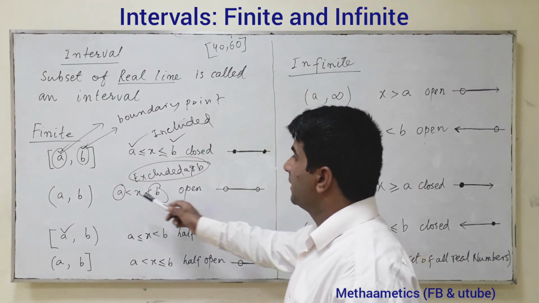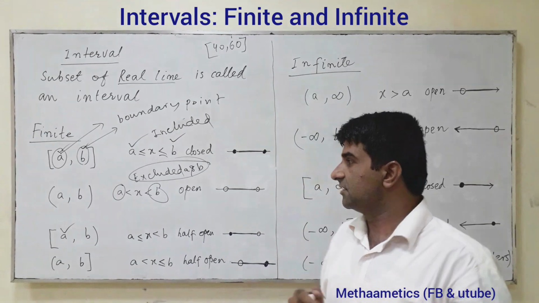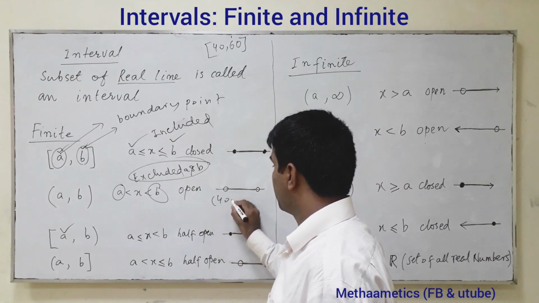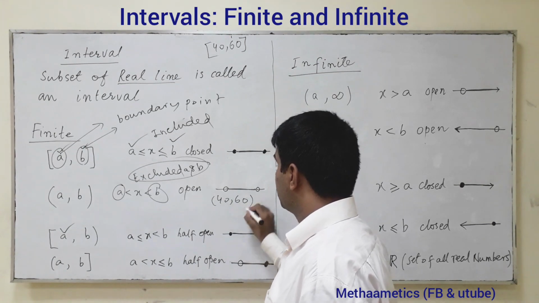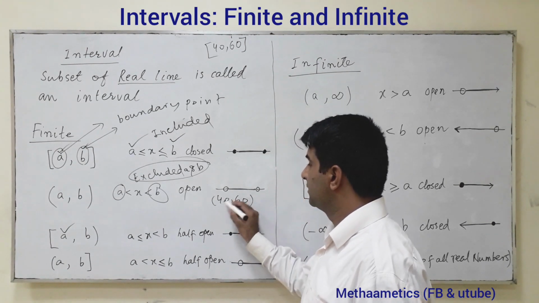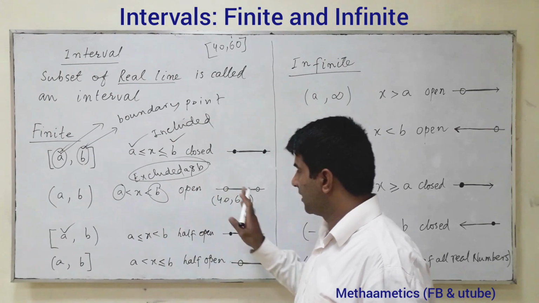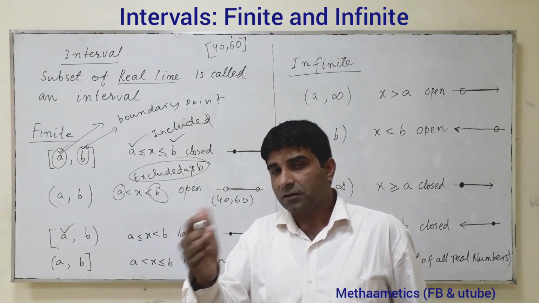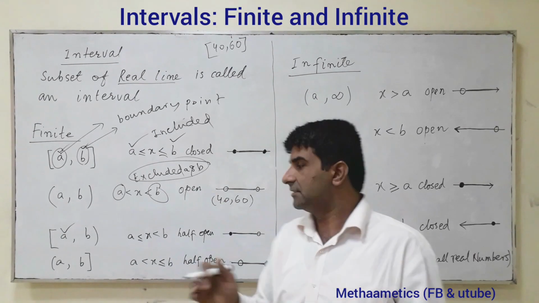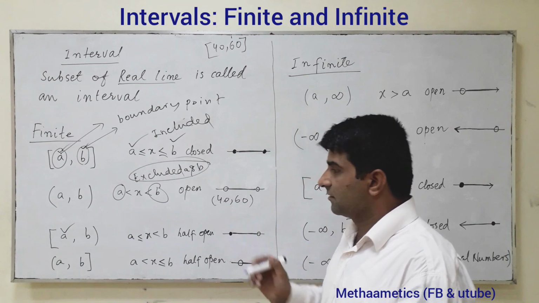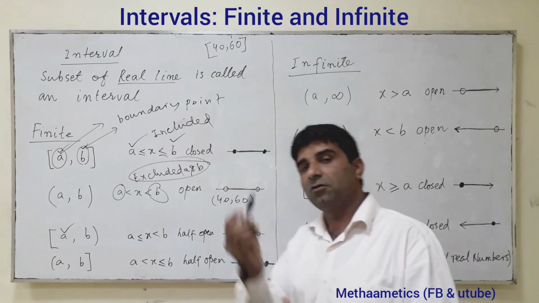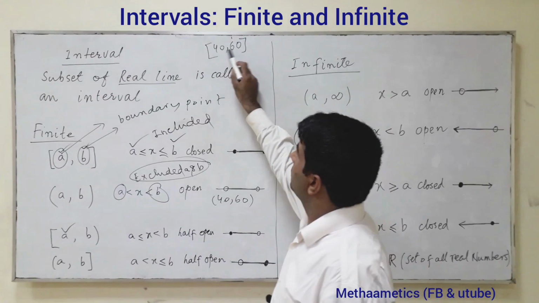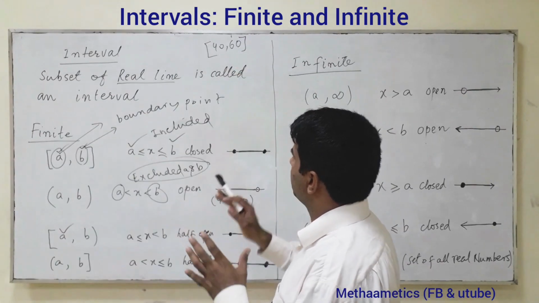But when I say it's open from 40 to 60, its meaning is that its price is between 40 and 60. 40 is not included and 60 is not included, so all values greater than 40 and less than 60. Both are excluded.